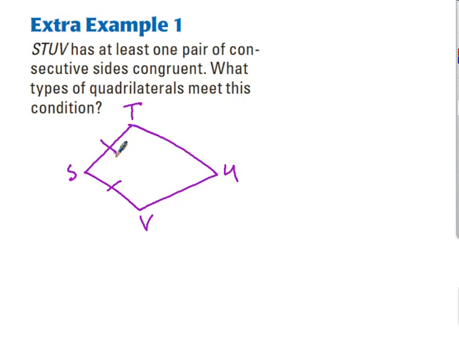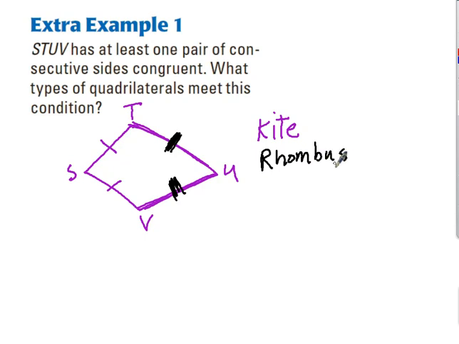If TU and VU are not congruent, it's going to be a kite. If TU and SV are also congruent, then it would be, oops, we better make that all of them congruent, it's either going to be a rhombus or a square.